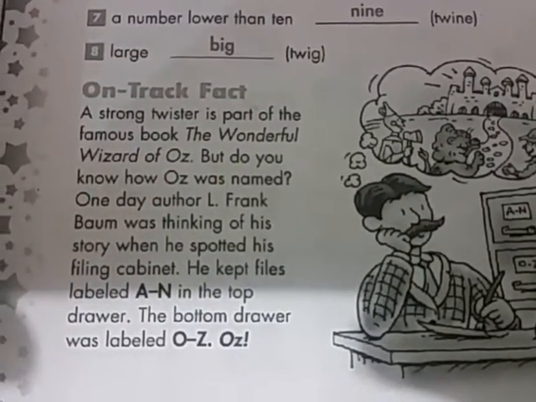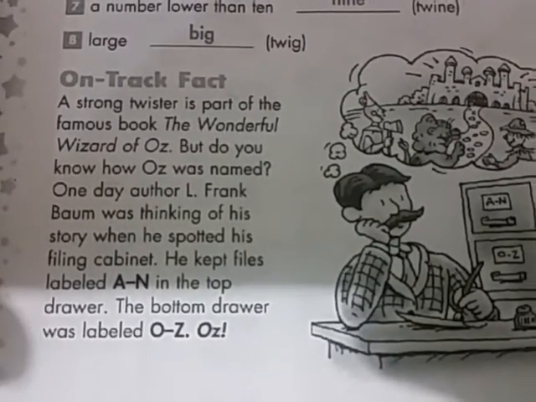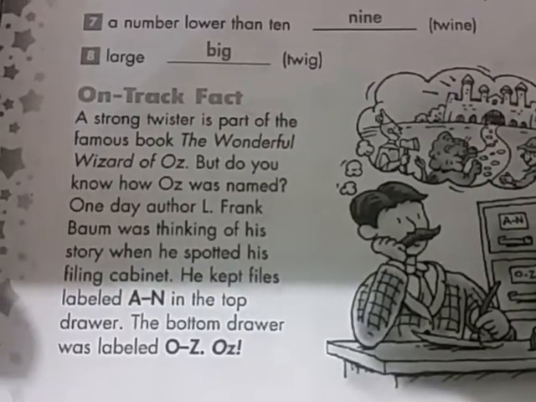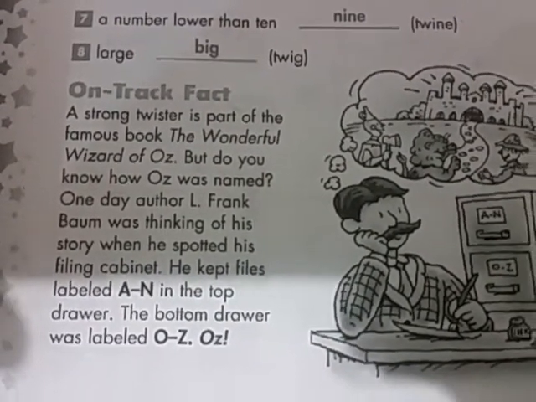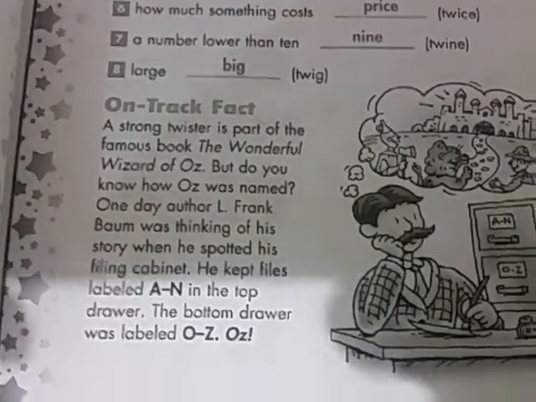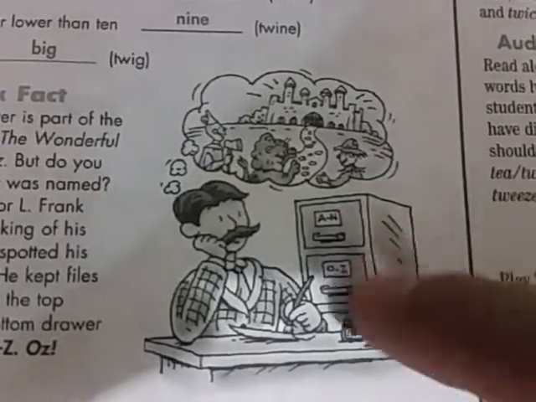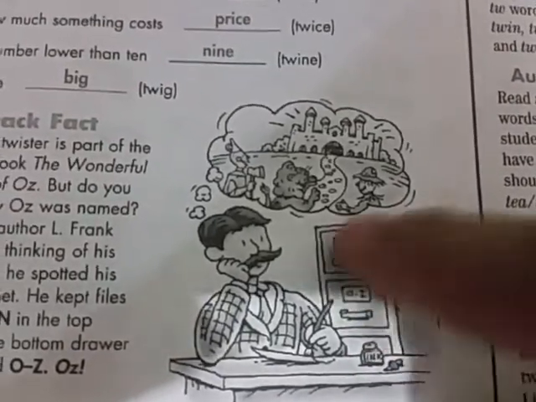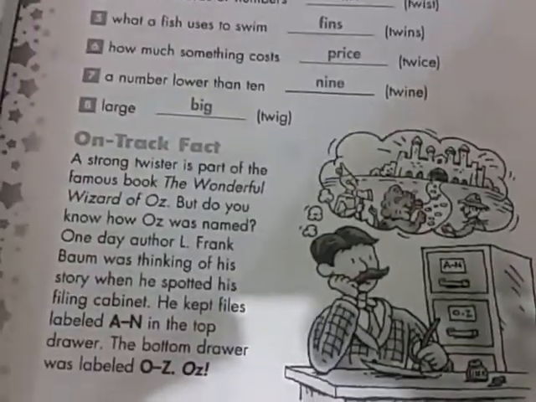But do you know how Oz was named? One day, author L. Frank Baum was thinking of his story when he spotted his filing cabinet. They're talking about this, the filing cabinet. This cabinet is designed to put away files.